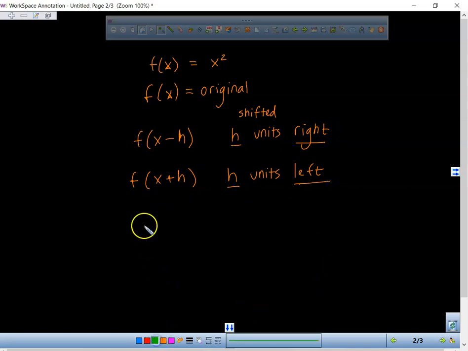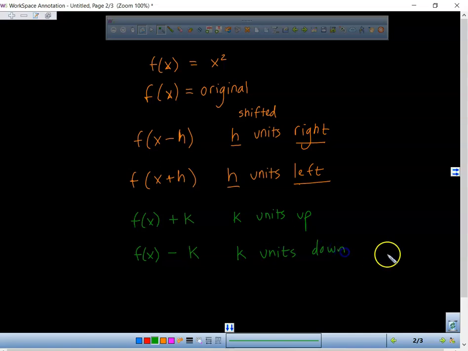Okay, now we're going to switch things up. If I say f of x plus k, or f of x minus k, this is really easy. This is just k units up, and this is just k units down.